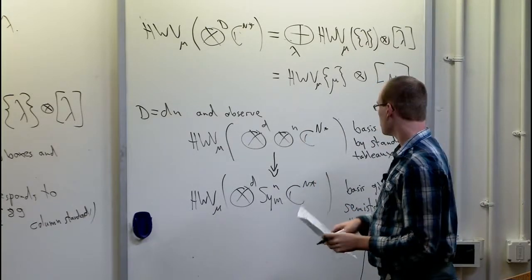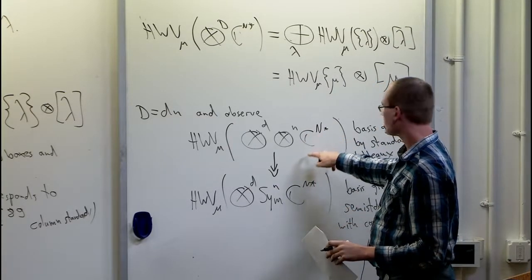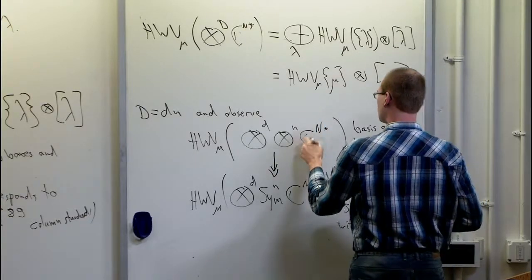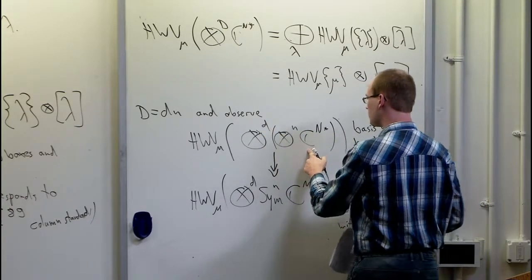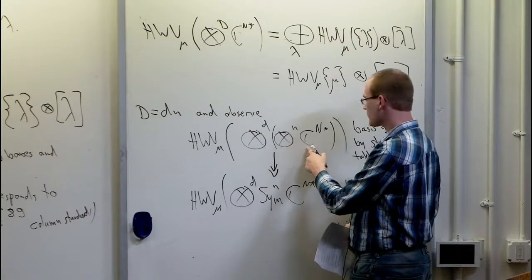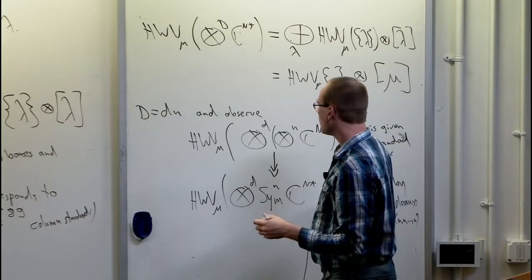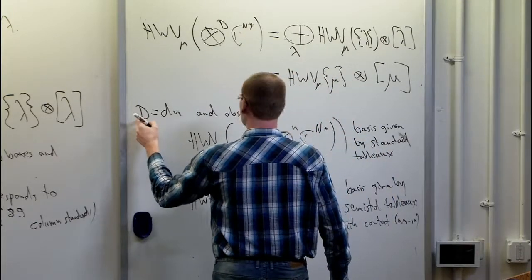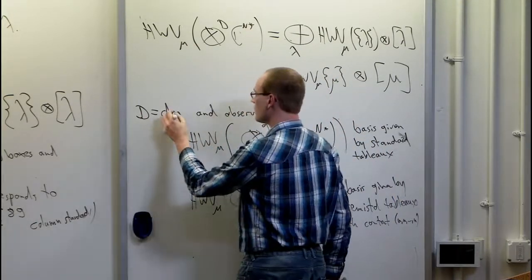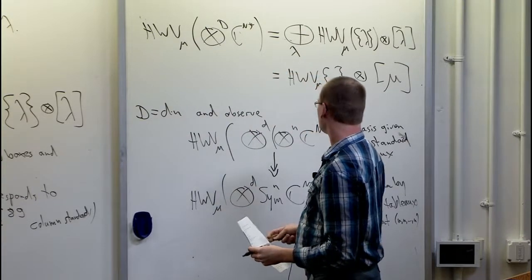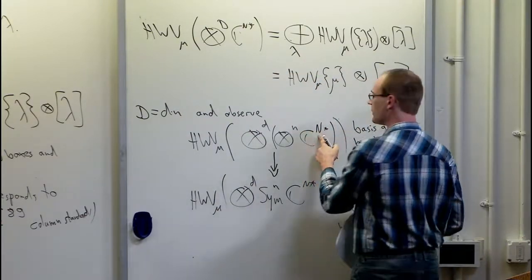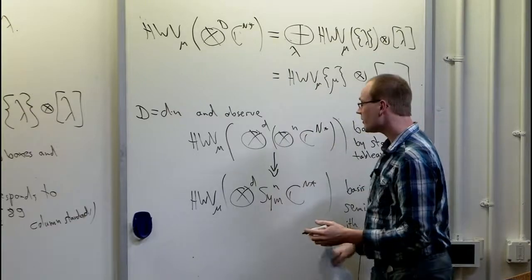What is n? C to the n is just complex numbers raised to the nth power, the vector space. But you defined this capital D there. Oh yeah, capital D is just d times n. But a different n. There's a little n and a big n. The little n is the degree, the big N is the dimension.